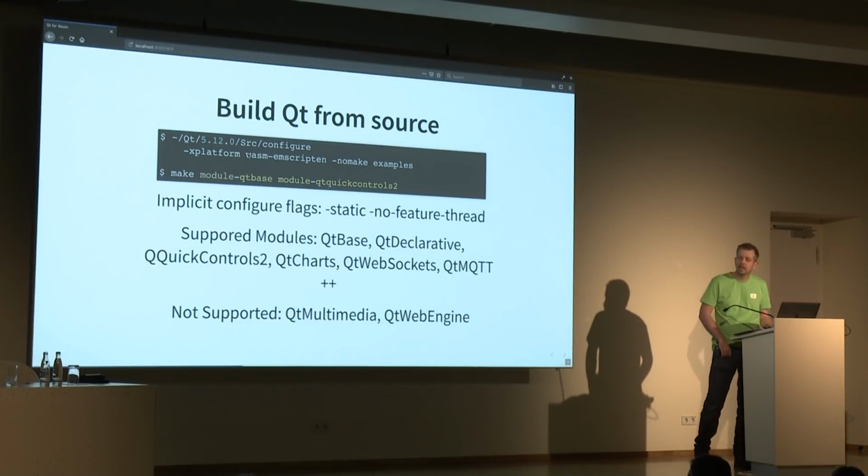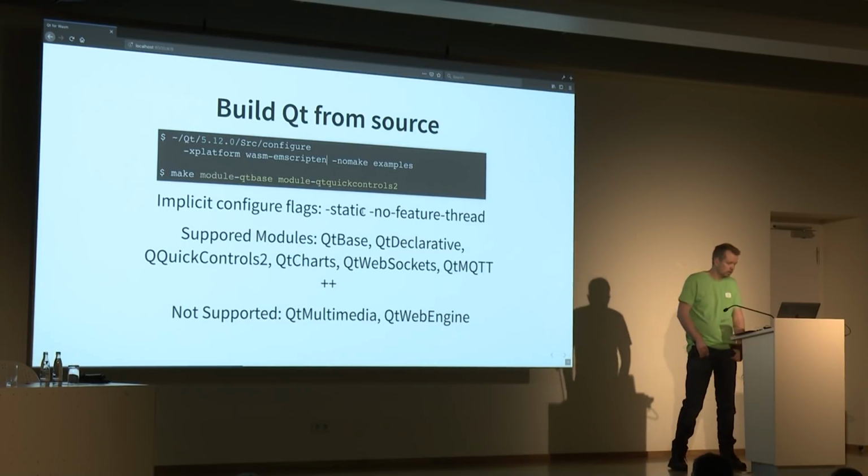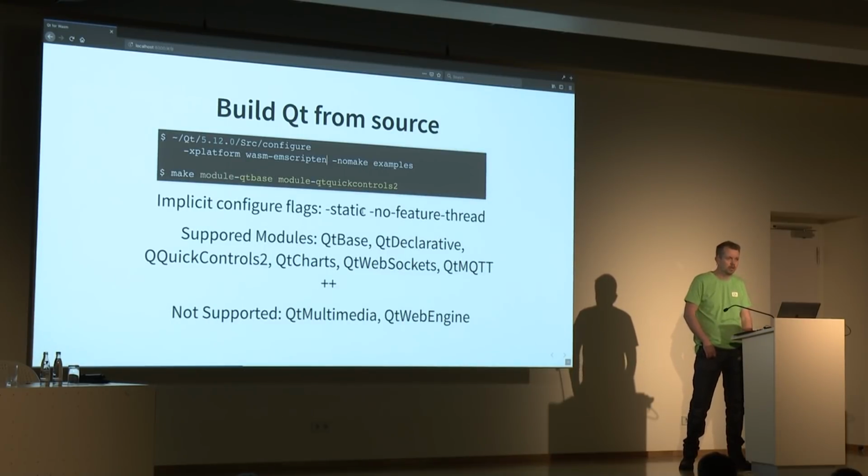And this is going to be a static Qt build. And also at this point, threading is disabled. So depending on how your application is structured, there might be some porting work for you there.